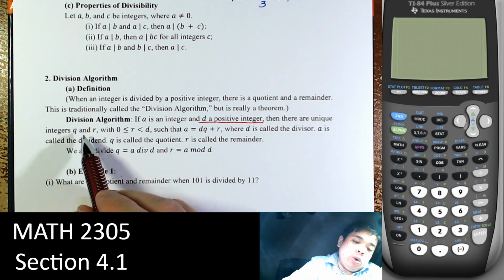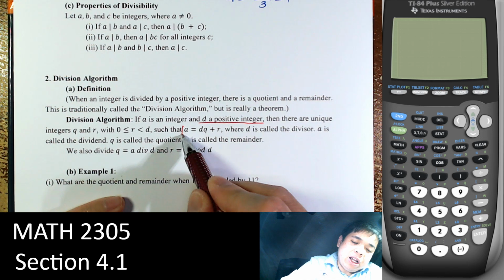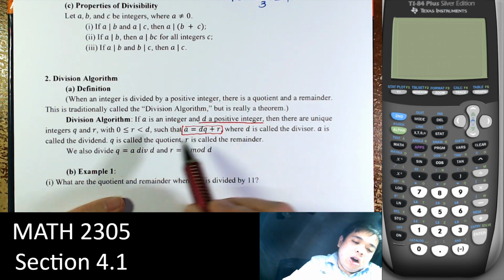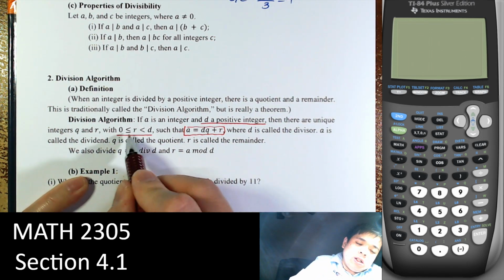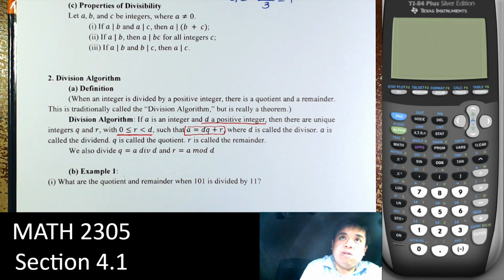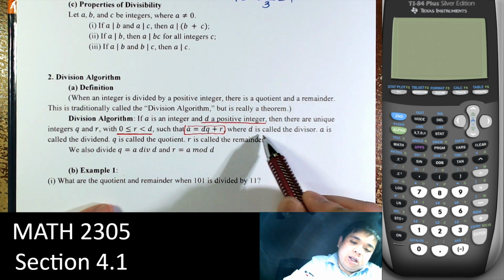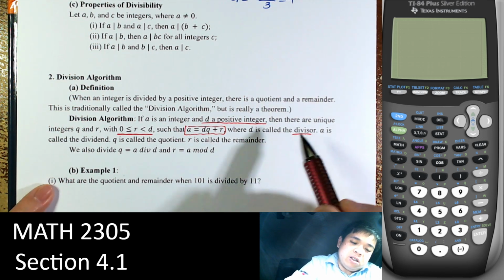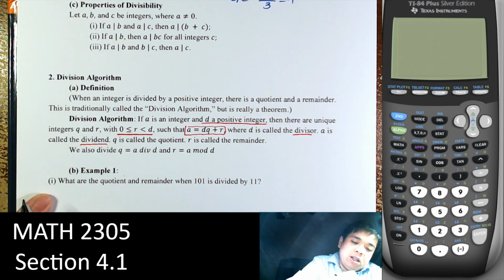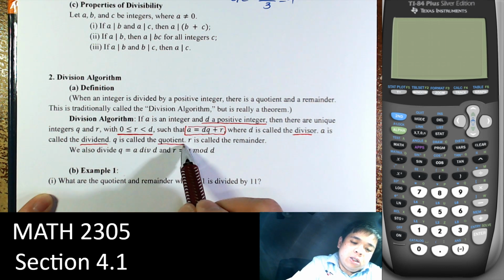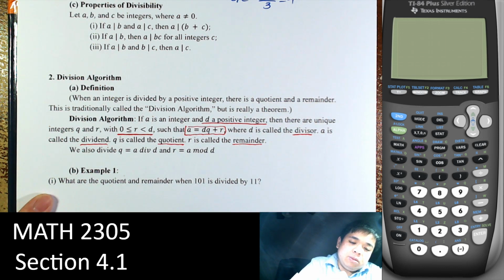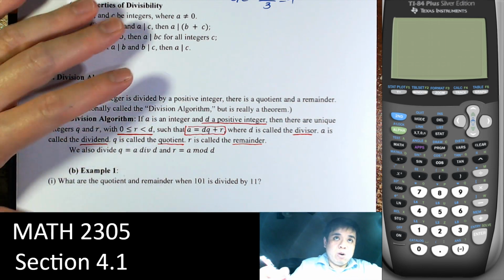Then q and r are unique, and because r is the remainder, r is less than the divisor. So we have the terminology: divisor, dividend, quotient, and remainder.